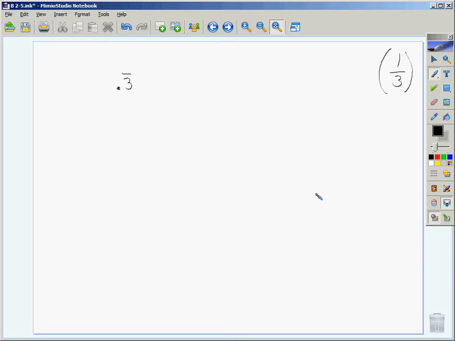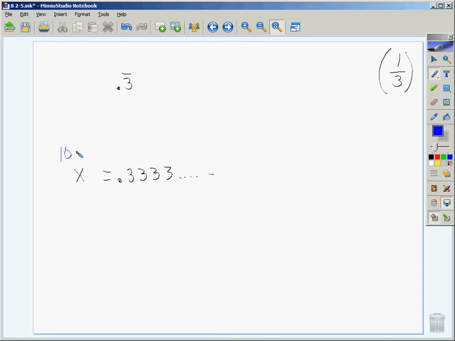Okay? Well, if it's 0.3 repeating, it would be 0.3333 forever. And what am I going to let that equal? X. How many places we're repeating this time? 1, just that tenths. So instead of multiplying by 100 this time, what am I going to multiply by? By 10.